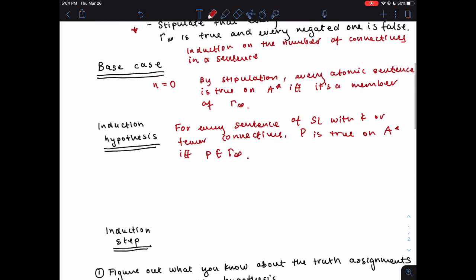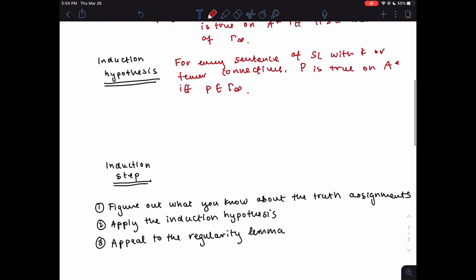All right, so now it's time for the induction step. The induction step is then to prove that the claim we're trying to prove holds for k plus 1.